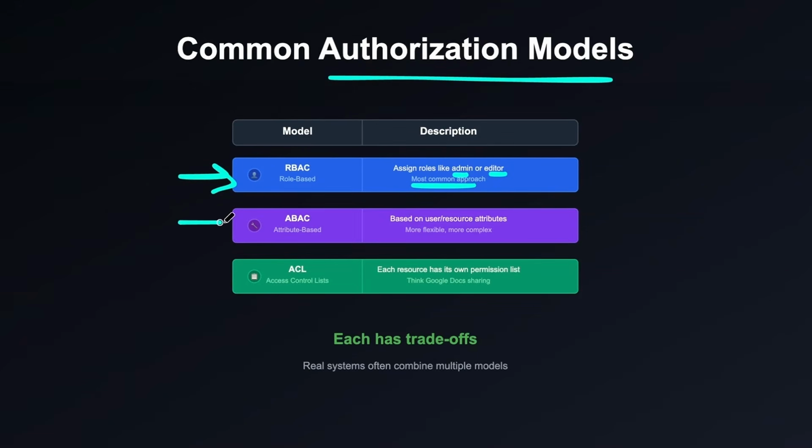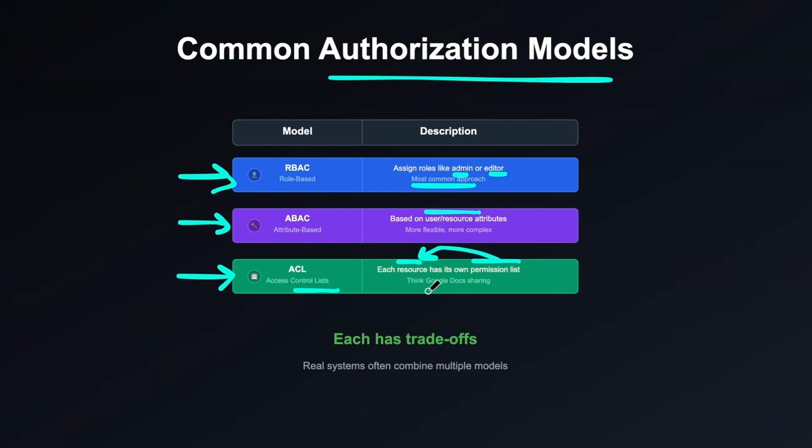But we also have attribute-based access control, which is based on the user or resource attributes. So this is more flexible and more complex compared to role-based access control. And the other common approach is to have access control lists, ACL, and each resource here has its own permissions list. So you can assign permission lists to a resource, and this is what will determine what resources you can access.